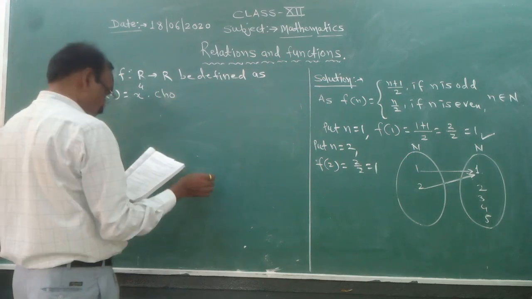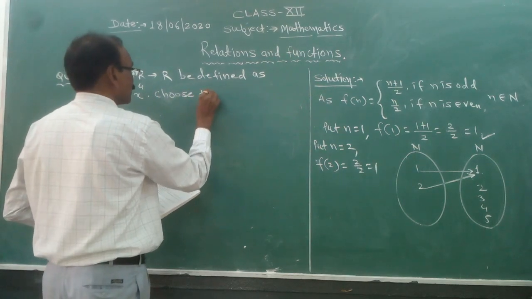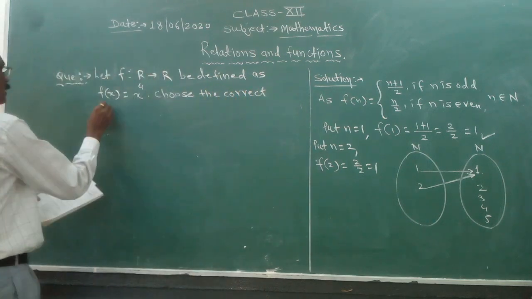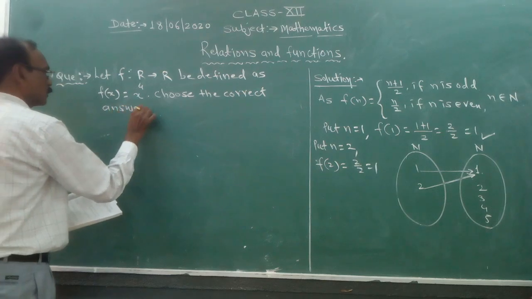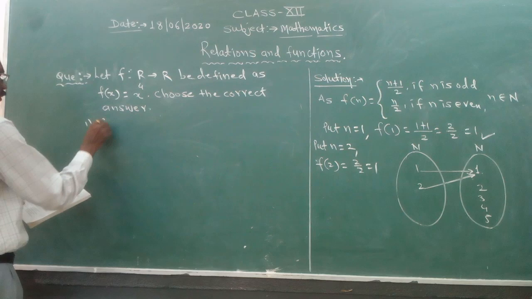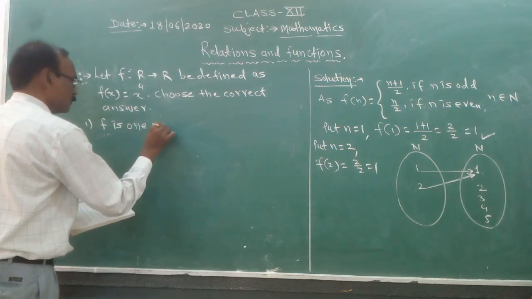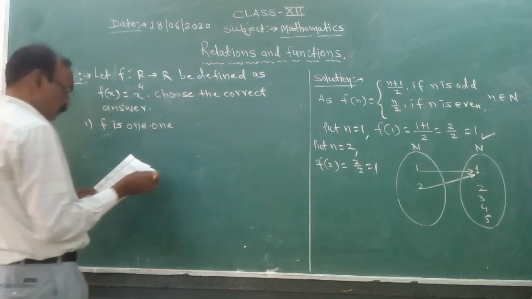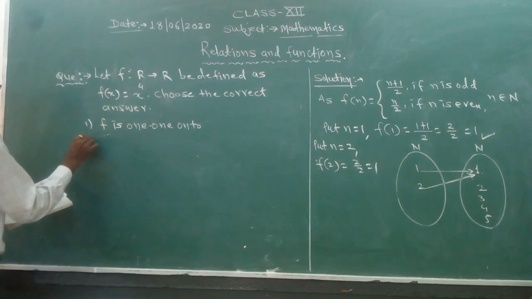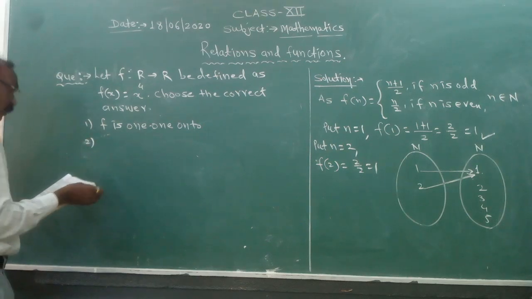Choose the correct answer from the MCQ options. Number 1, f is 1-1 and onto. Number 2, f is many-one onto.